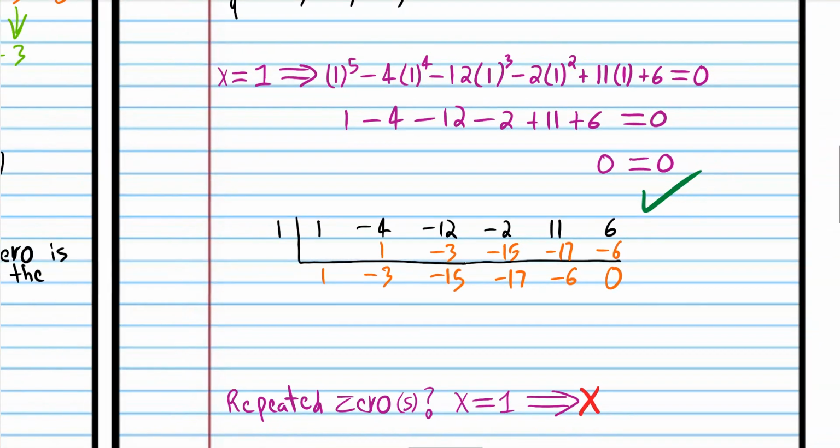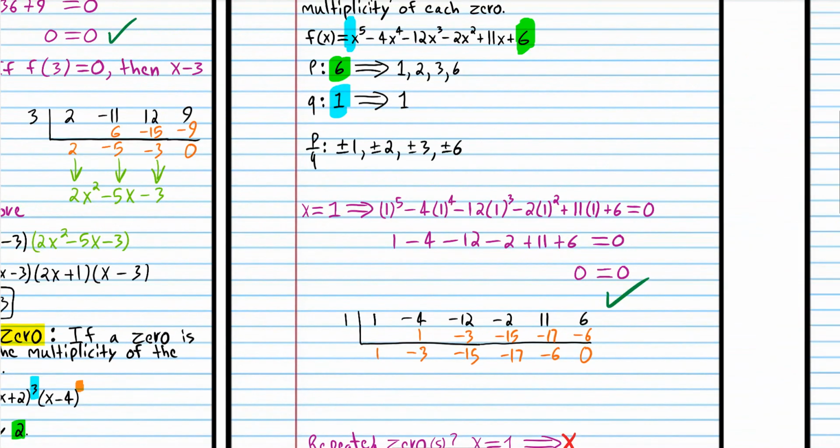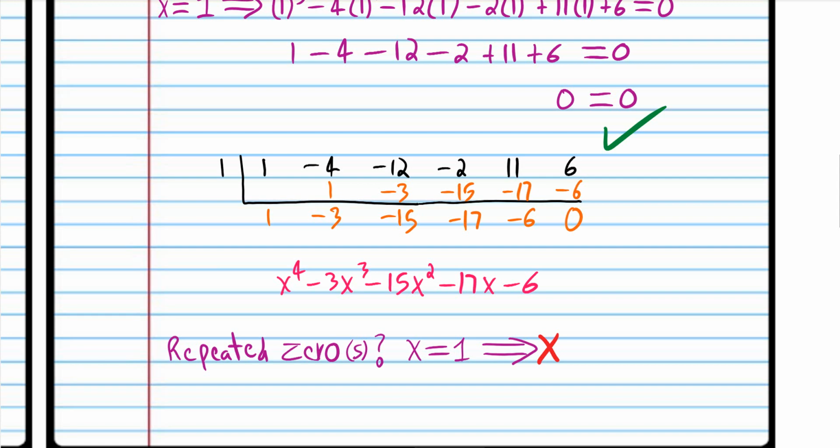And our remainder is 0, so that's a good sign. So now we have a depressed polynomial. We started out with a 5th degree polynomial, so now we're going down to a 4th degree polynomial. This is going to be easier to deal with.